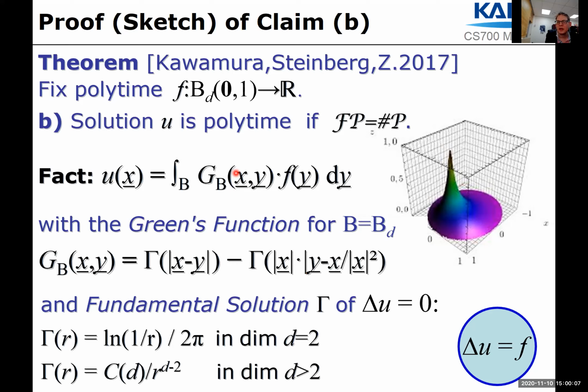And starting with dimension 3, it's the 1 over r potential that occurs so often, the Coulomb potential, the Newton potential. These all are basically because of Poisson's equation. And again here we have some normalization constant that depends on the dimension, but this is not further of interest for us.